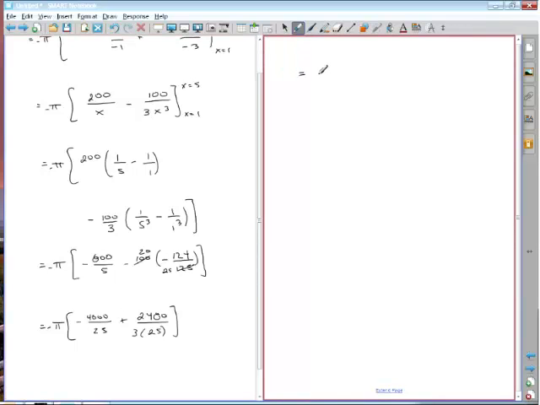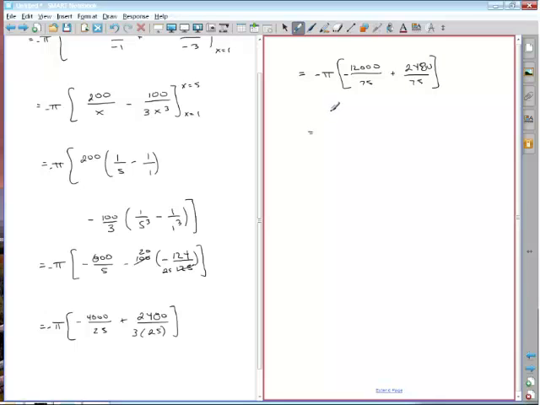So we've got negative pi times 4,000, so that'll be 12,000 divided by 75, minus, this will be minus, this will be plus, and so we'll get 2480 divided by 75.